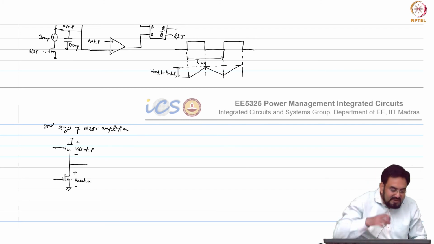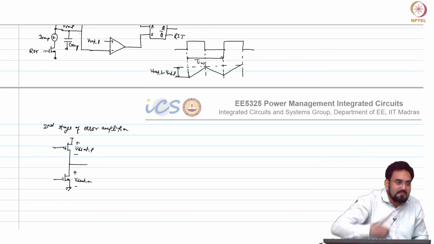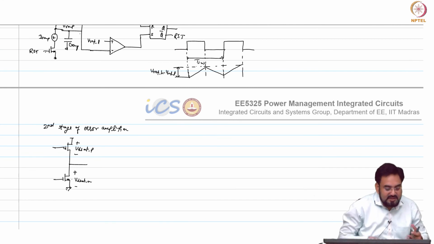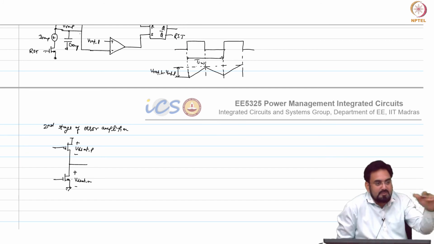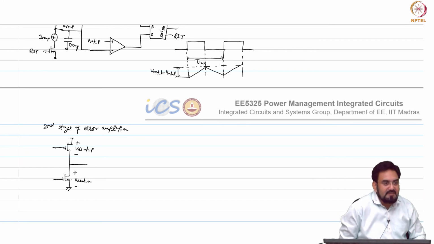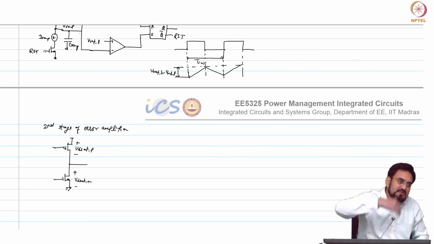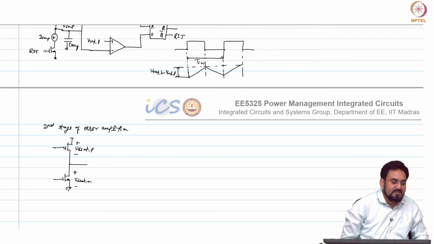But the problem is one will be in deeper saturation compared to the other, but ideally you want both in deep saturation. So you always keep the common mode of your RAM at VDD by 2, then you get a full range in both the directions.